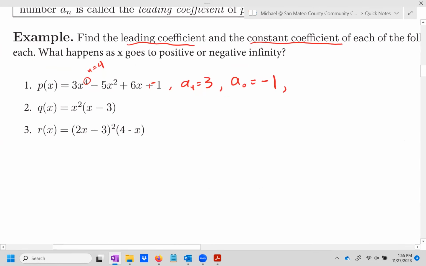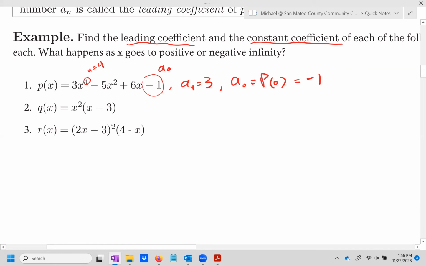Wait, why is it -1? Oh, I'm sorry, it confused me. A0 is the constant one. Yes, A0 can also be thought of as the polynomial function evaluated at 0, which is -1.